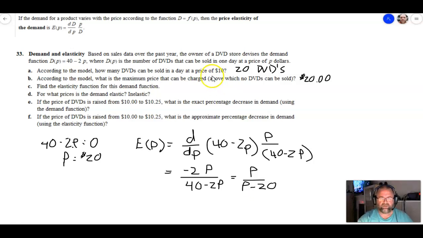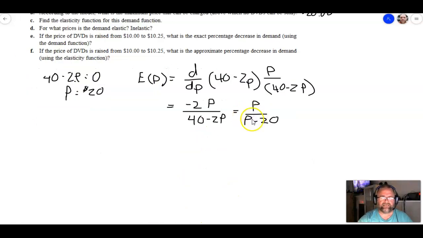Anything between -1 and negative infinity is considered to be elastic, and anything between 0 and -1 is considered to be inelastic. So we're going to set the elasticity function equal to -1. So p over p minus 20 is going to be equal to -1.